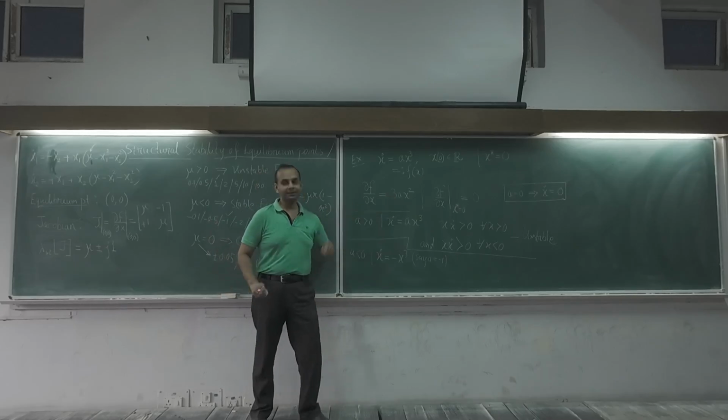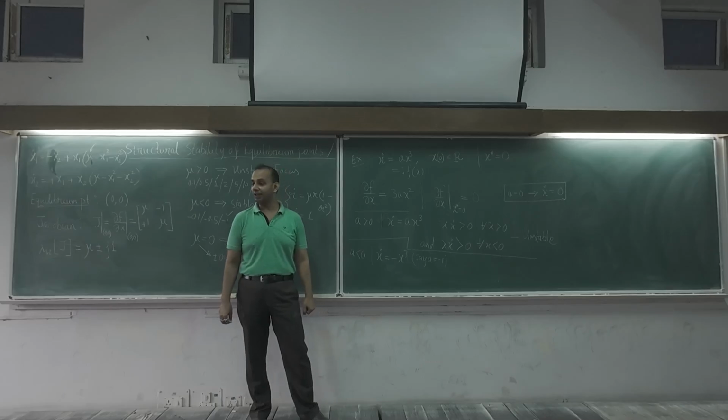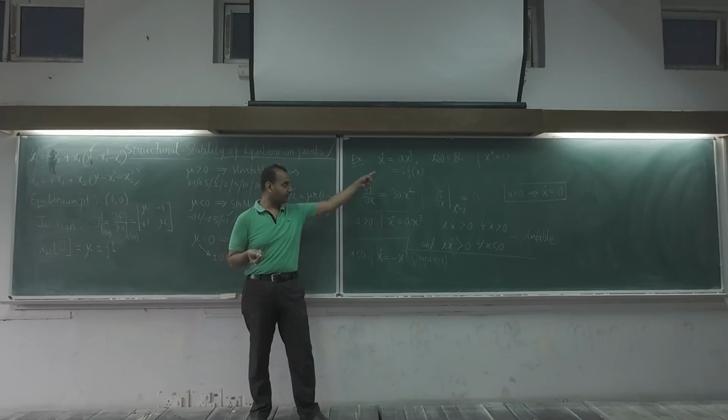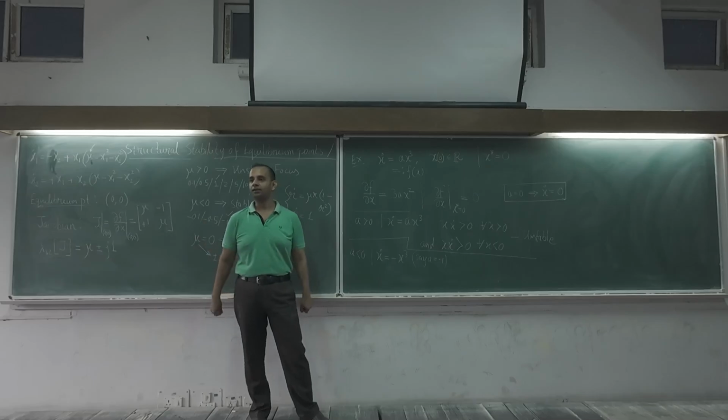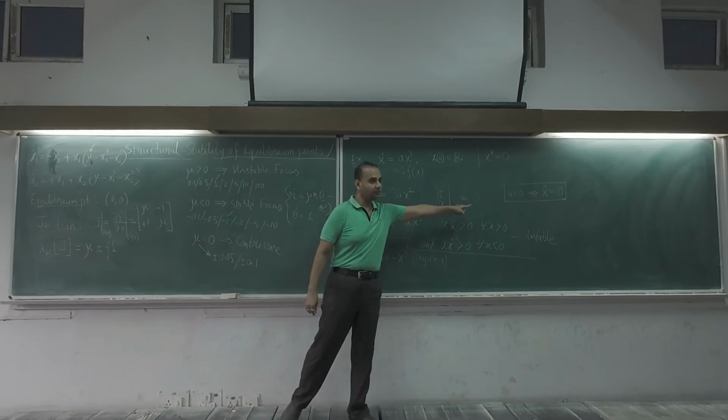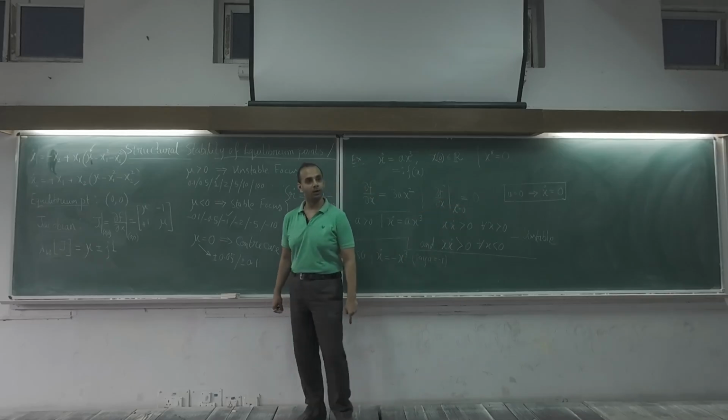That is why the linearization technique fails or leads to ambiguous results, especially when it has a zero eigenvalue or an eigenvalue with zero real part. It matches only when originally a equals 0.